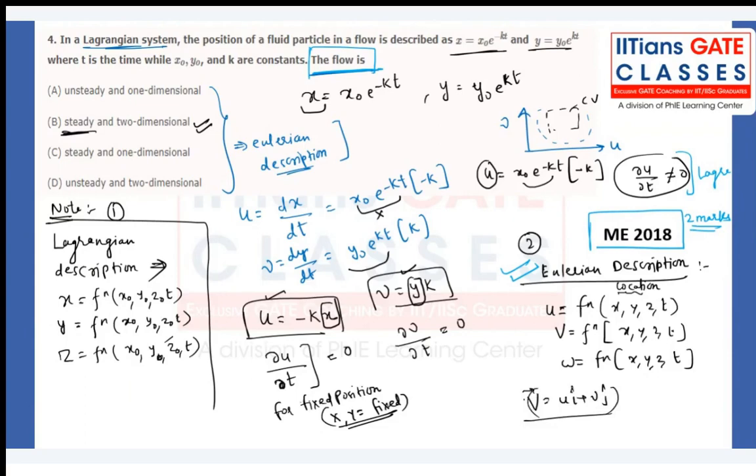But they have given a good problem to test whether you have clarity about both the descriptions, Lagrangian as well as Eulerian. So through this problem, I have discussed the description part also. That is also one of the important things. Make a note of it.